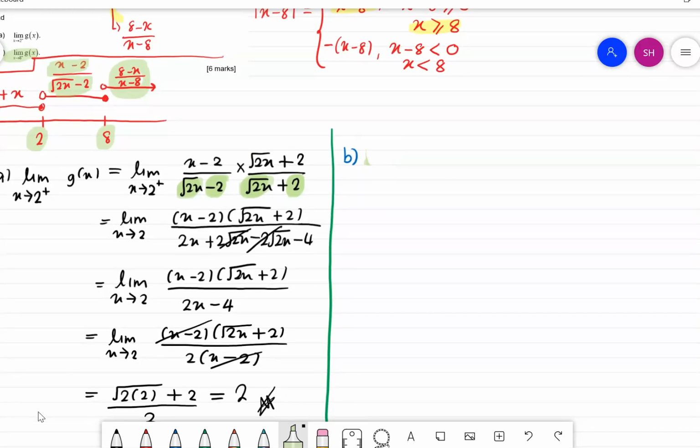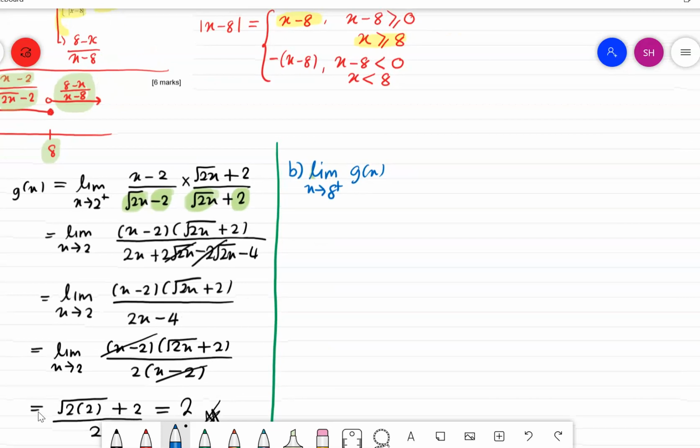So we write down the limit of g of x as x approaches 8 from the right, which is 8 minus x over x minus 8. When we substitute x with 8, you will notice that you get 0 over 0. We do not want 0 over 0, so what we do is try to factorize. Because there is no square root here, there is no need to multiply by the conjugate.